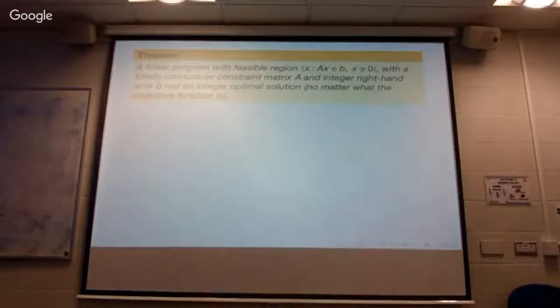The second thing that we want to look at is a hint of why this theorem is true, not a complete proof. So these are the two things that we still need to look at.